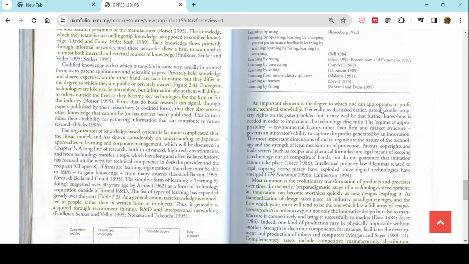That's the meaning of appropriate: can get the money from your efforts in R&D. So the degree to which one can profit and get the monetary return from the technical knowledge. And that's why firms do not do basic research. The government and universities, government research universities funded by the government, will do the research.